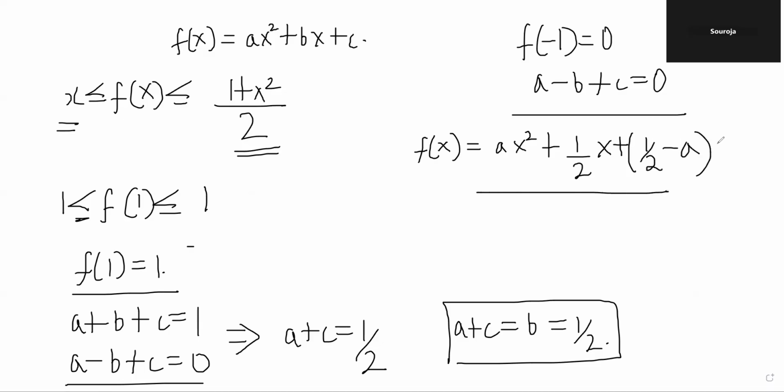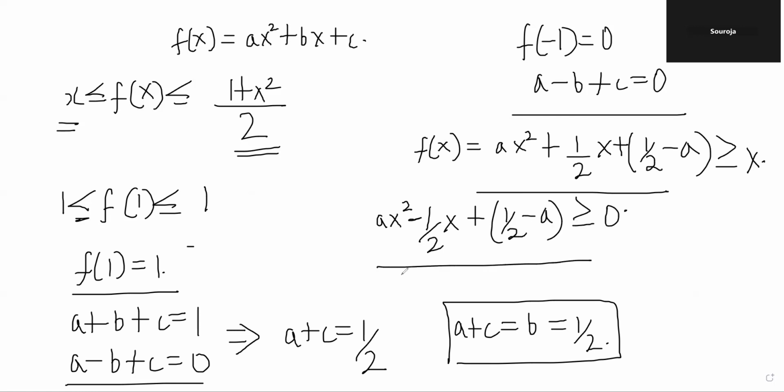And this quadratic is supposed to be always greater than x, right? Bringing it to one side, we get an inequality. Ax squared minus 1 by 2x plus half minus a is always greater than equal to 0. And that can only happen if discriminant is less than equal to 0.